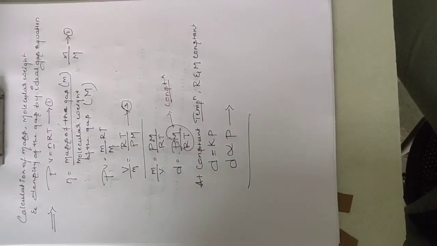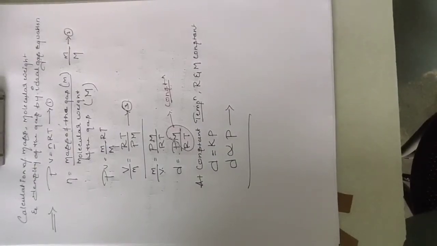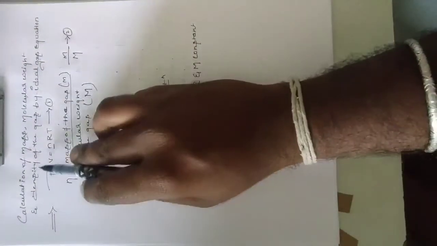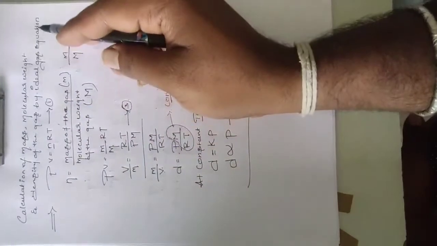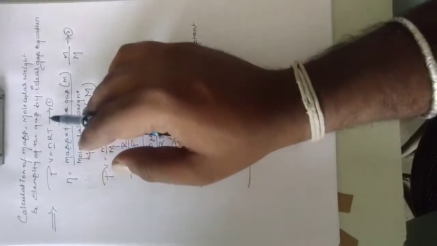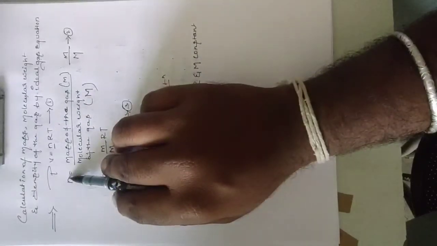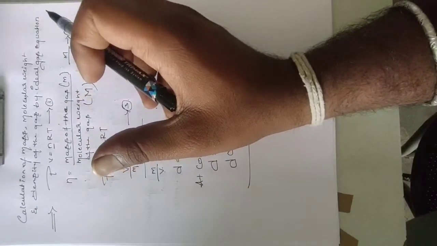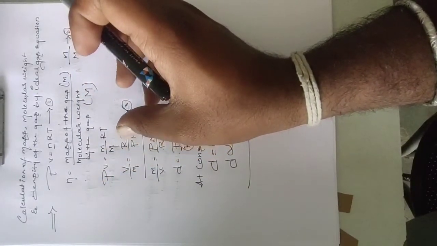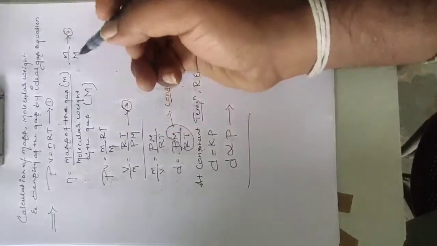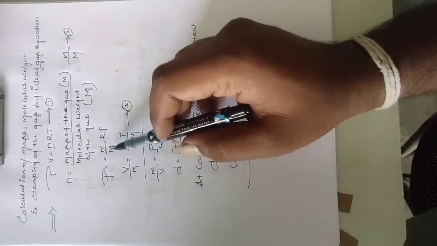Once again, calculating the mass, molar weight and density of the gas by using the ideal gas equation. From the ideal gas equation, we get PV equals nRT, where n is the number of molecules. We take the mass of the gas as small m and the molecular weight as capital M. Substituting in the above equation, we get PV equals m by M, RT.